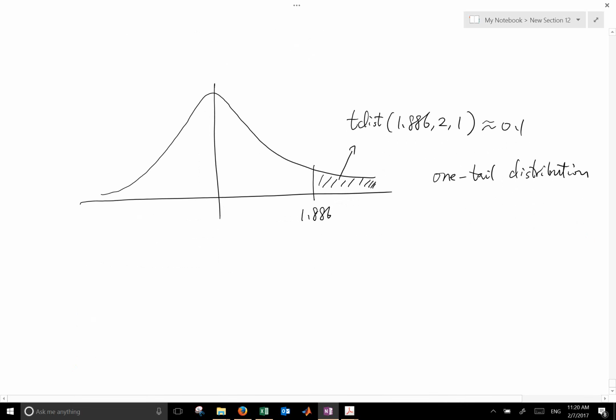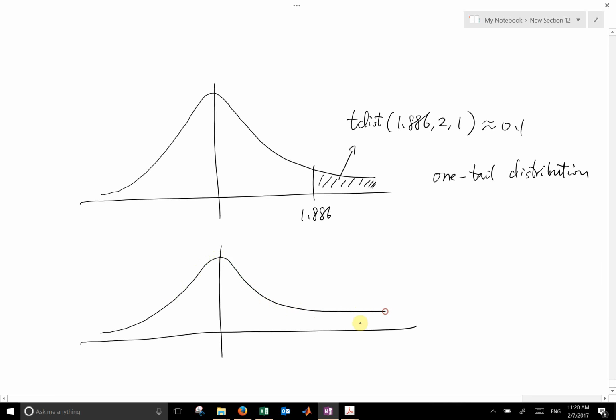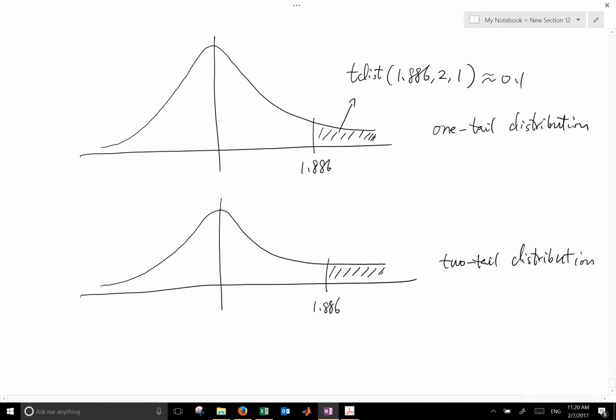So if I specify the 2-tail distribution, what's going to happen? If I have 1.886 and a 2-tail distribution, it will not only give you this area, but also the mirrored area over here, at minus 1.886.